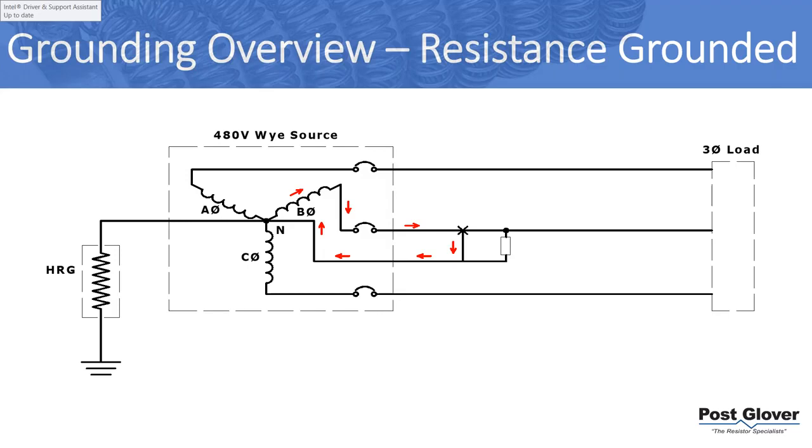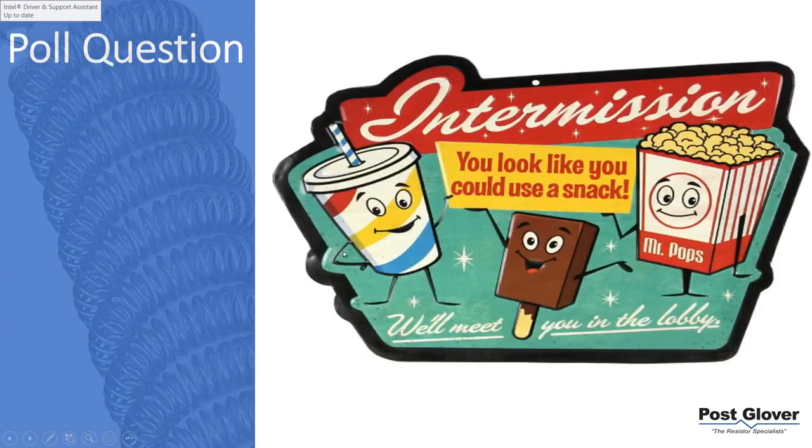Usually, if you have an existing system, you're going to potentially have 277 volt lighting, and usually not much else. If that's the case, you'd isolate that with the transformer and solid ground that, and then you would high resistance ground all the other important loads that you need to continue to operate. That's how you address that.